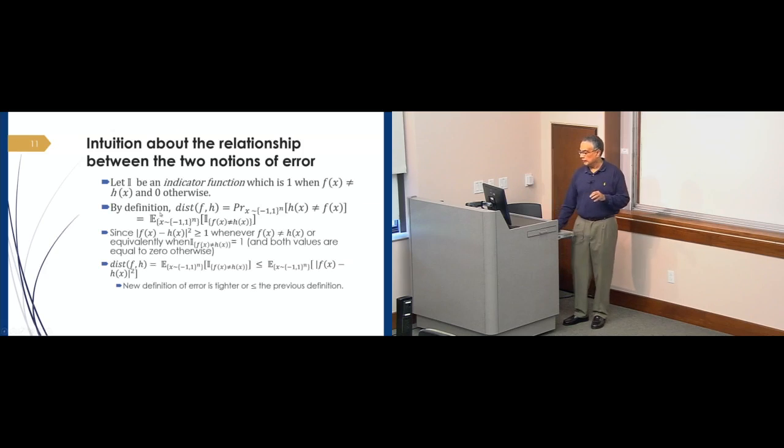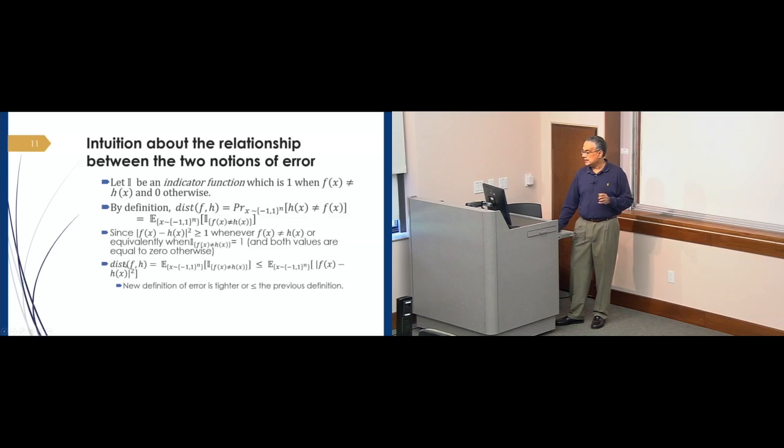Now, okay, so we have that. We'll keep that in our pocket and then say, okay, (f(x) minus h(x)) squared is always greater than or equal to 1 when they differ, because it can either be 1 or bigger, and it's a square, so it's positive. And of course it's 0 otherwise, under the conditions that I have stated on the slide there.